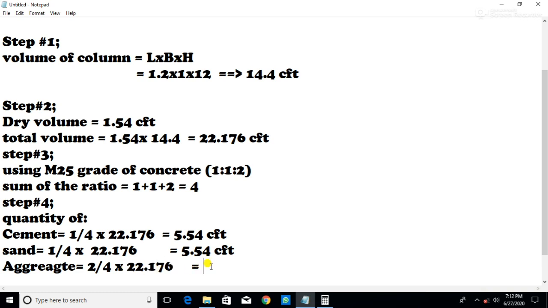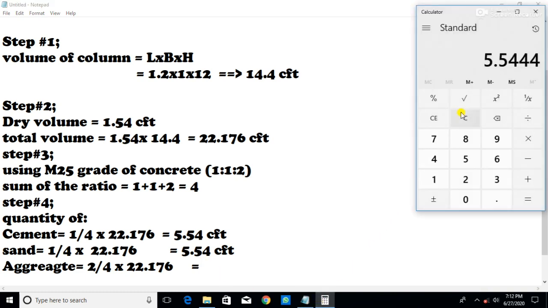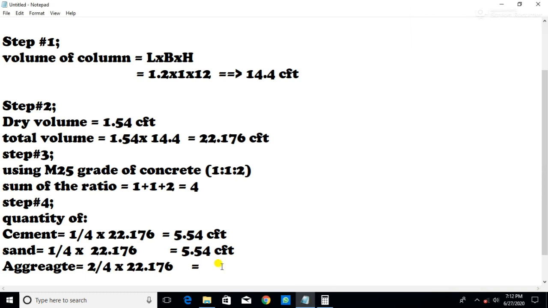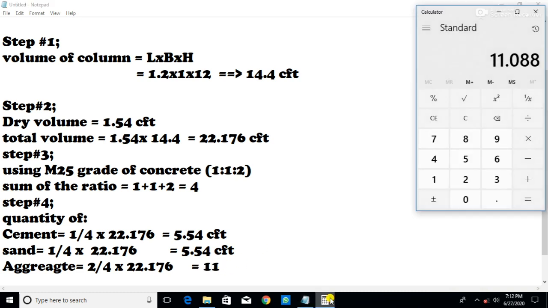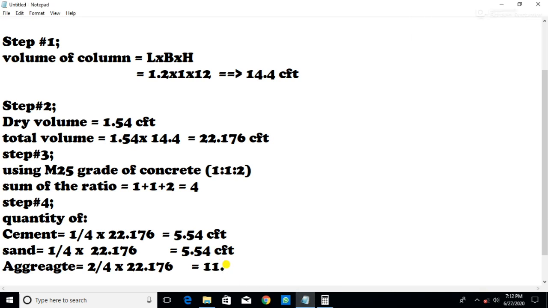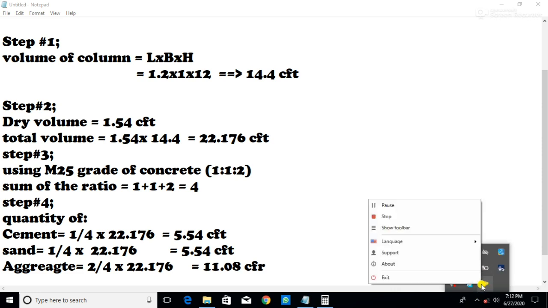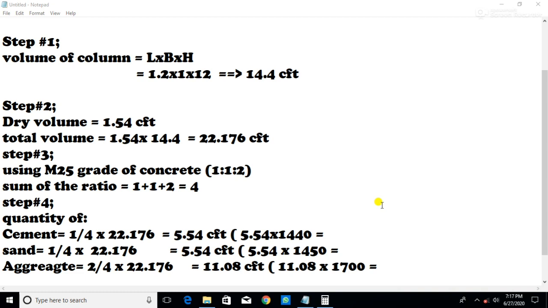To find the answer, we will use a calculator. 2 divided by 4 multiplied by 22.176 will be equal to 11.08 CFT. So guys, we have found the quantity of cement, sand and aggregate.